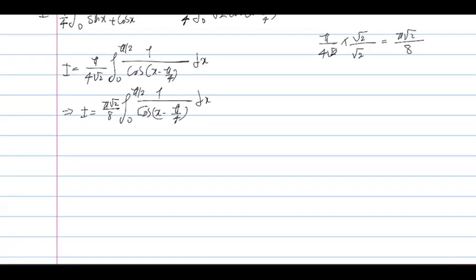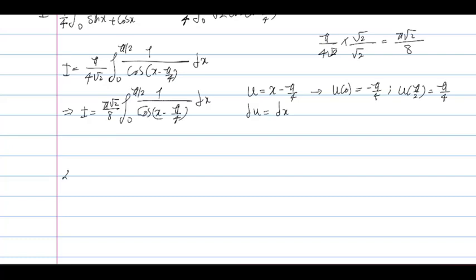So now let's make a simple substitution here. Let u be equal to x minus pi over 4, and obviously du is equal to dx. But we should change the boundaries of the integration. So u of 0 is equal to 0 minus pi over 4, which is negative pi over 4, and u of pi over 2 is equal to pi over 2 minus pi over 4, which is pi over 4.